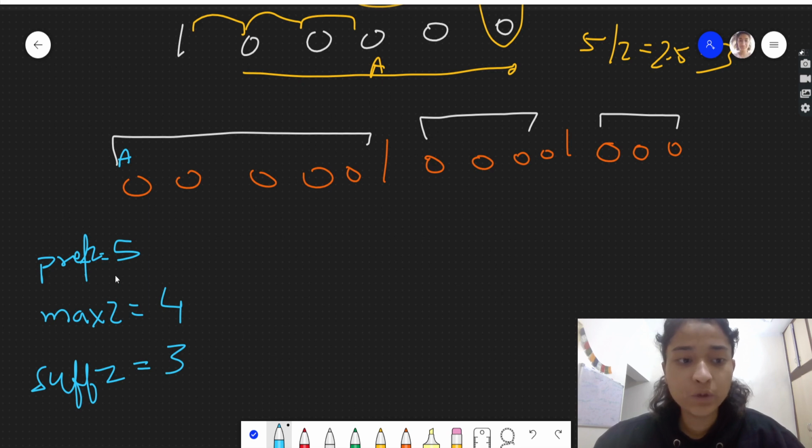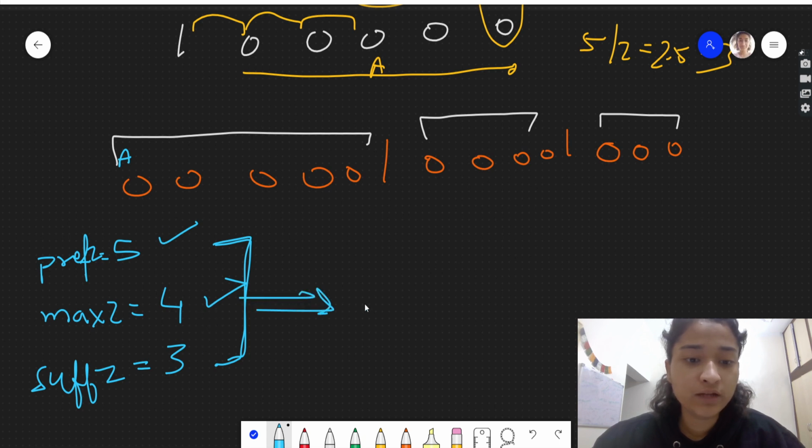And then, in order to find out the maximum distance, 5 will be as it is. We'll take 5 as it is. 4, will we take as it is?